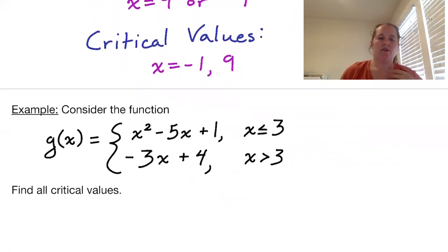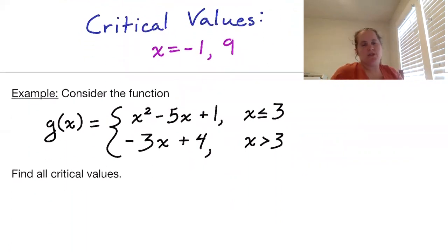Let's do one more function. Let's consider the function g of x equals x squared minus 5x plus 1 if x is less than or equal to 3, and negative 3x plus 4 for x greater than 3. So we do have a piecewise function.